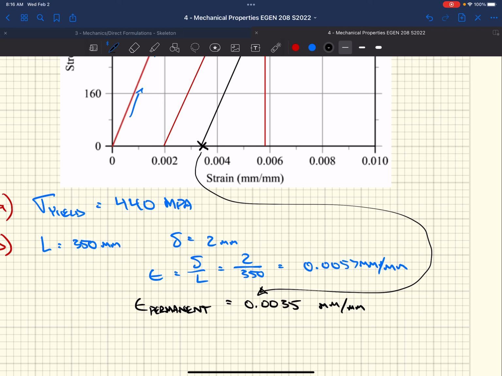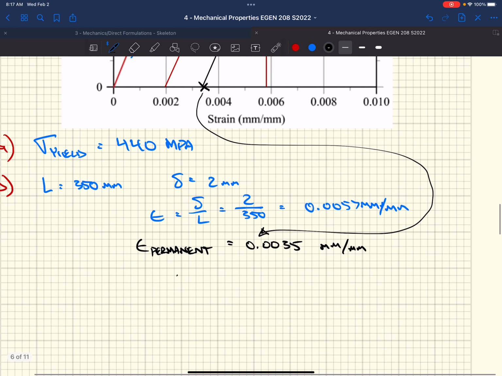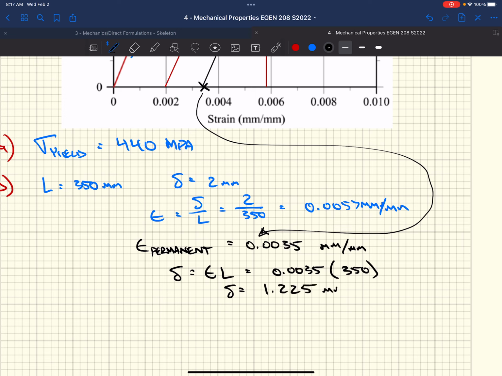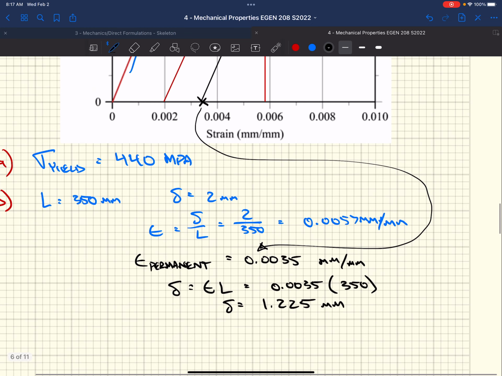So then they ask, what is the length of the unloaded bar? Well, we know the original length of the bar, and we know now our permanent set strain in our bar. We can figure out how much that bar has elongated. 0.0035 times our original length of 350, we get a delta equal to 1.225 millimeters. 1.225 millimeters is less than our 2 millimeters, which is a good validity check.